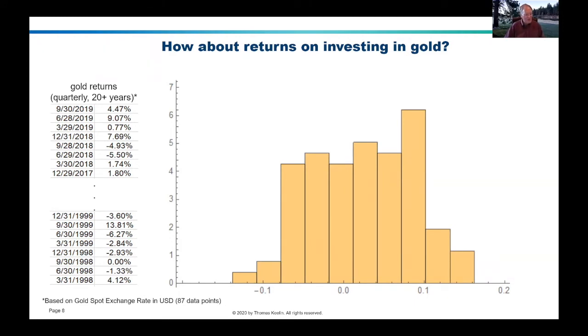But anyway, he gave me these returns, and there they all are. These are quarterly returns on the price of gold from March 31st, that's Q1 of 1998, through September 30th of 2019.